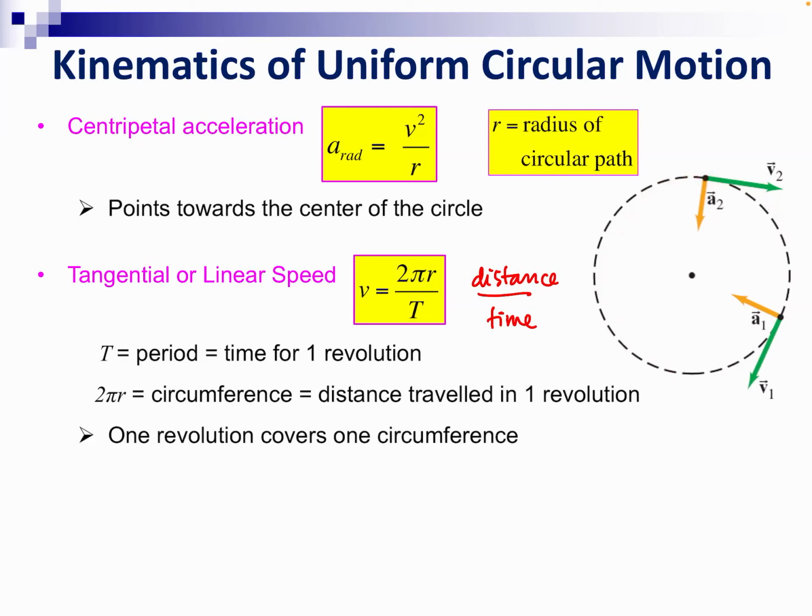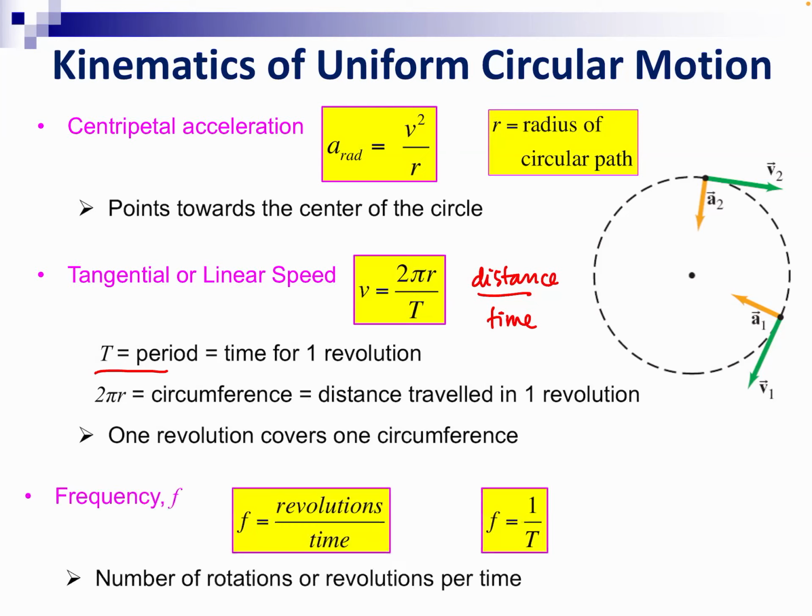And so the distance is equal to 2 pi r, which is the circumference of a circle, where r is the radius of the circle. And then the time will be defined by what we call the period, which is the time for one revolution around the circle. And so the speed is then equal to 2 pi r over the period T.